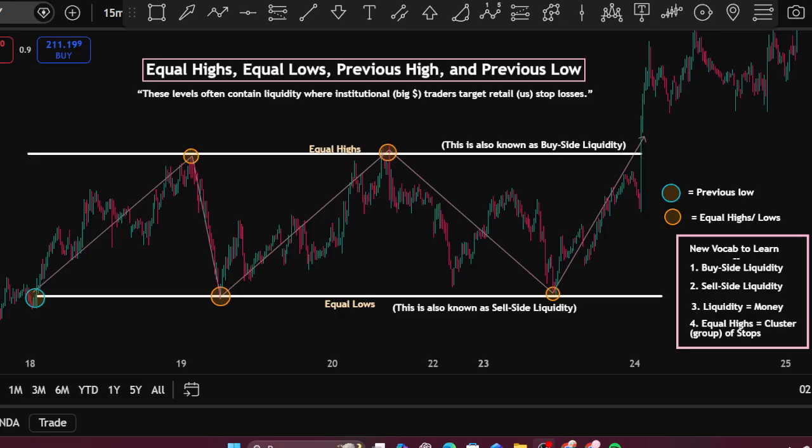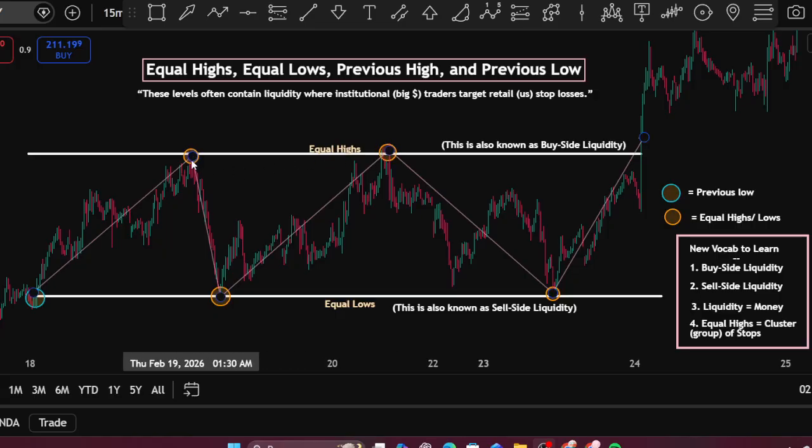Okay. So before we start talking about the framework itself, we need to understand where liquidity forms in the market. If you look here on the chart, where it says equal highs. Equal highs happen when price reaches a similar level multiple times, but not just any level, the high levels.